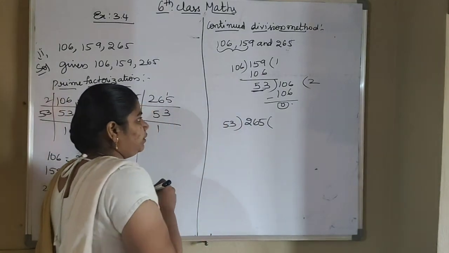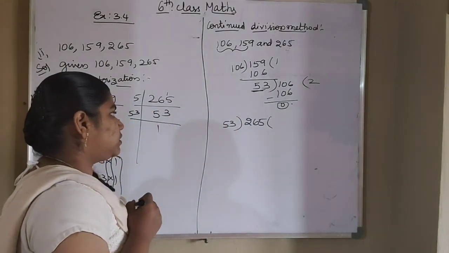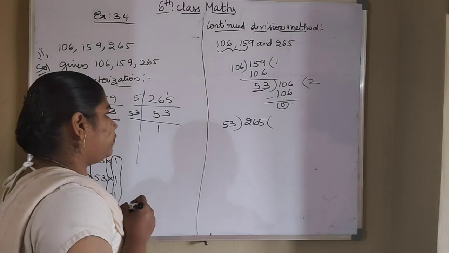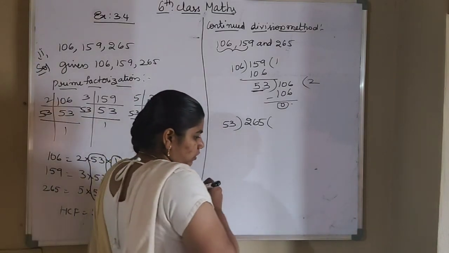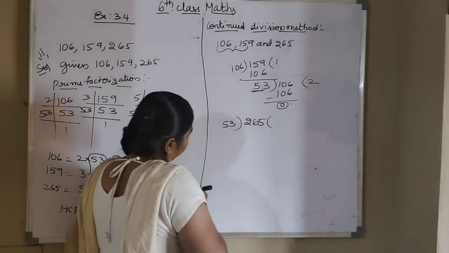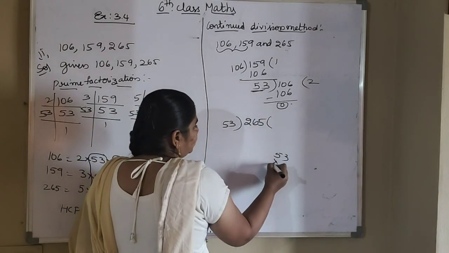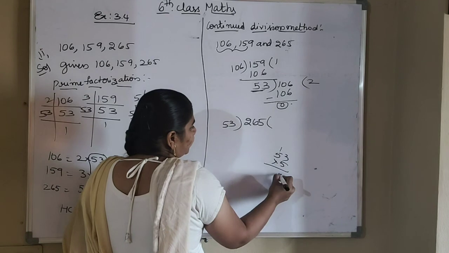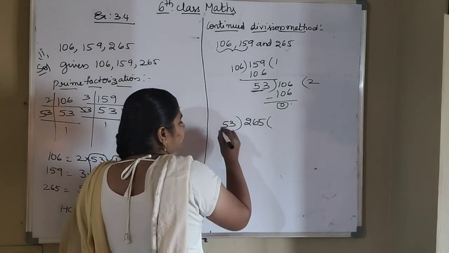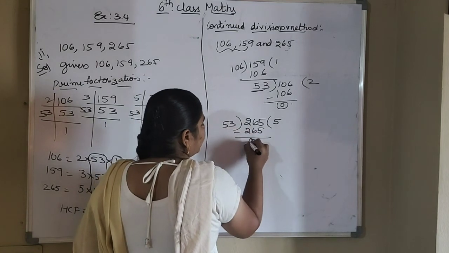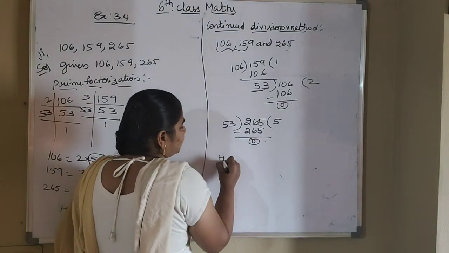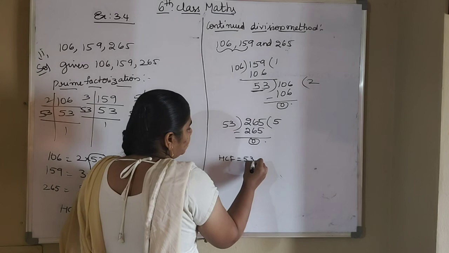How many times you can take? 5 times. 5 3s are 15, 5 5s are 25, 26. So it is 5 times. 53 5s are 265. So you got the remainder as 0. So what is the HCF value? You got it as 53.